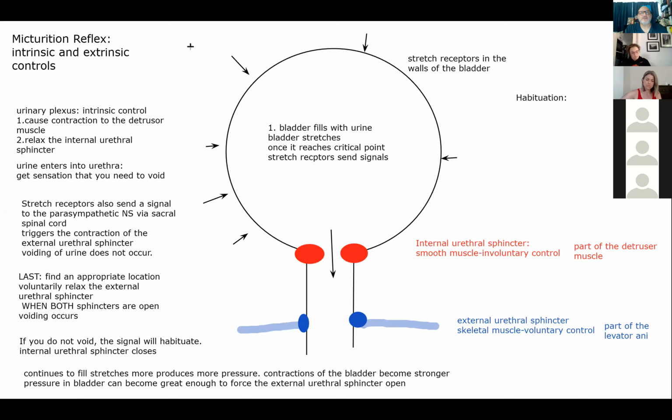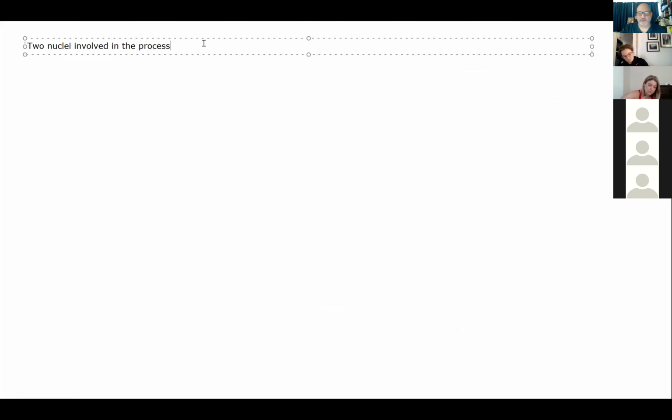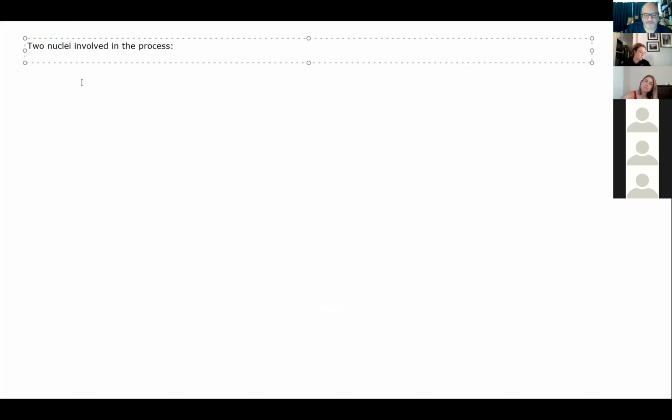All right. So here are the key components. There are two neural clusters, two nuclei. Two clusters of neural cell bodies that are involved in the process. They are the, let's do it this way, inspiratory center.